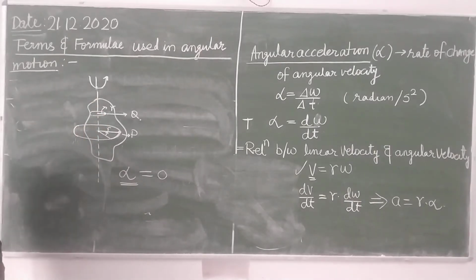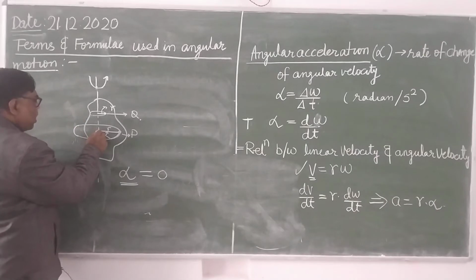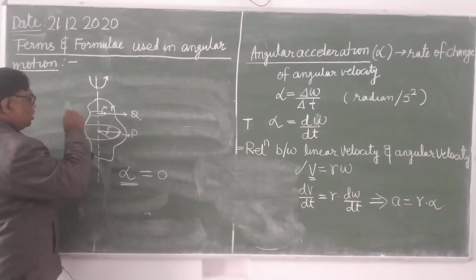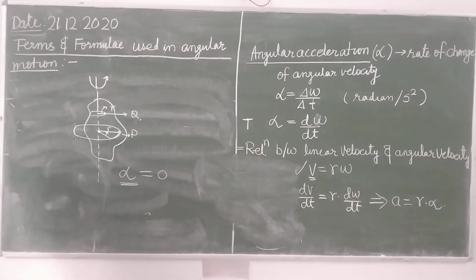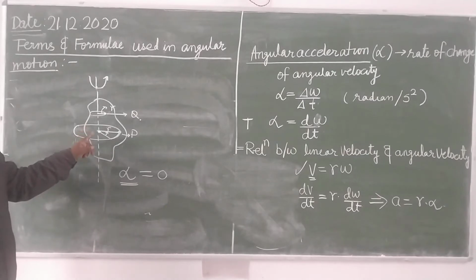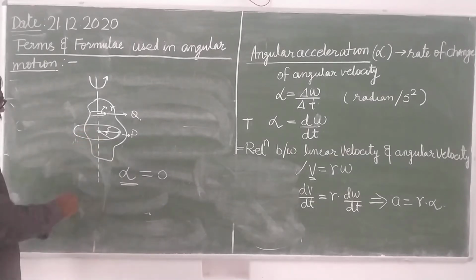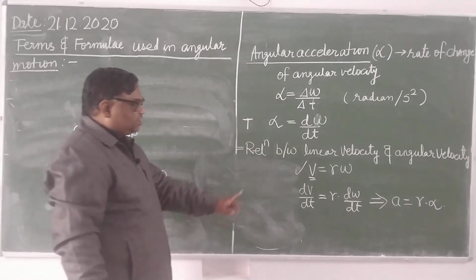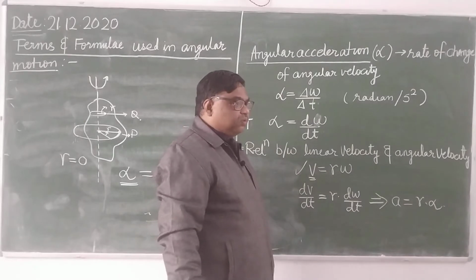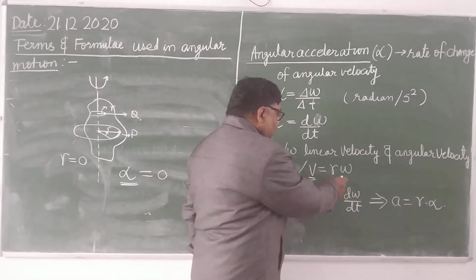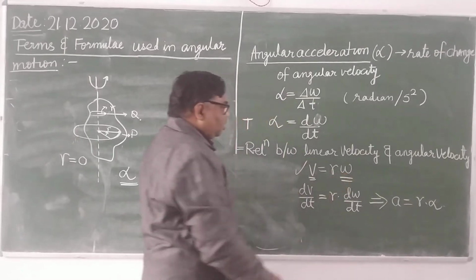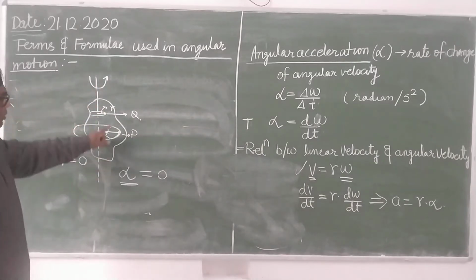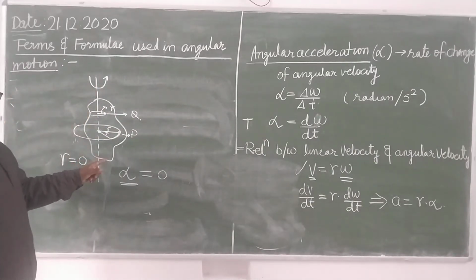It is clear? Now, if you talk about the particle which is situated at the axis of rotation, for this particle r will be 0, therefore its linear velocity will become 0. But what will be the angular velocity? It will remain the same as the rest of the particles.